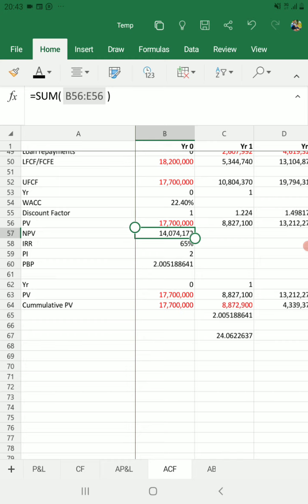So by discounting them, if the present value of discounted cash flow becomes greater than the initial cash outlay, then that means it's profitable to do that business, because the intrinsic value of the business is greater.